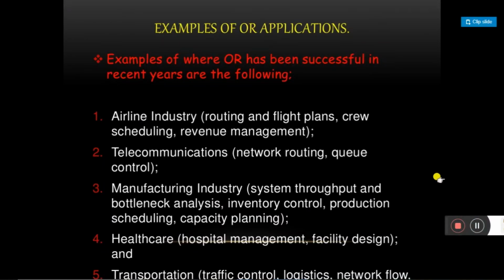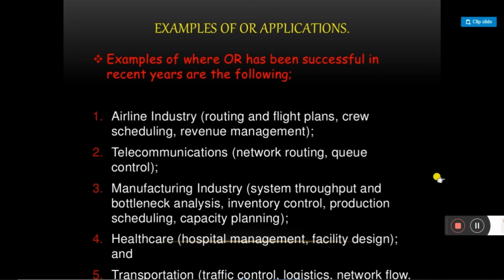The next topic is applications of operation research. The examples of where OR has been successful in recent years are the following. For example, we will take the first one, the airline industry. Why do they use operation research in the airline industry? The things are routing and flight planning, crew scheduling, revenue management.